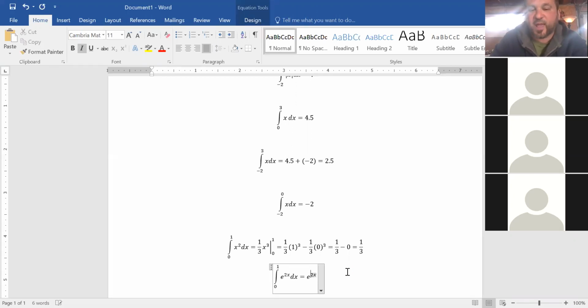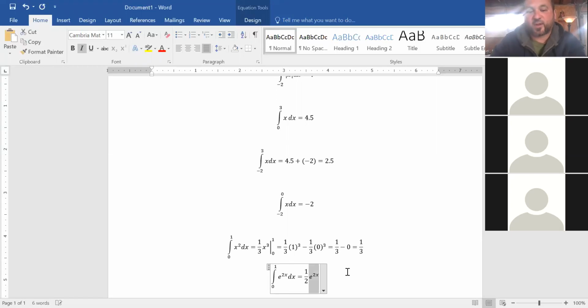So there had to be a 1/2 there. And that's the antiderivative, because take the derivative of that. The derivative of e to the 2x is e to the 2x times 2. And the 2 times the 1/2 cancels out, and you're just left with e to the 2x.